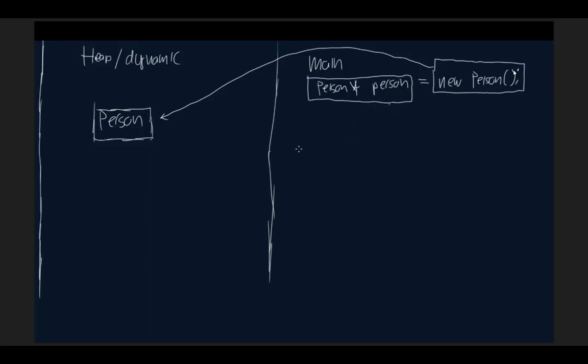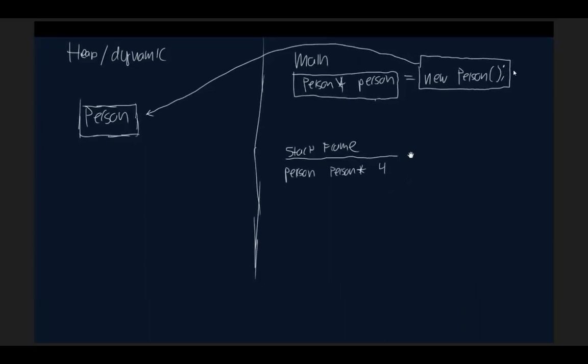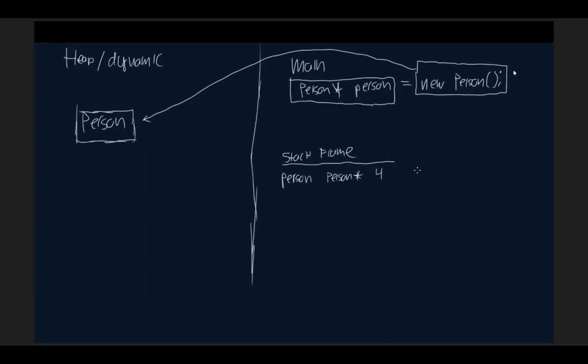So if I looked at the stack frame of main, it'll look like this. I have a variable called person. He's of type person pointer. He has a size of 4, because we're assuming we're on a 32-bit operating system. And he has a value of something. Now what's his value?